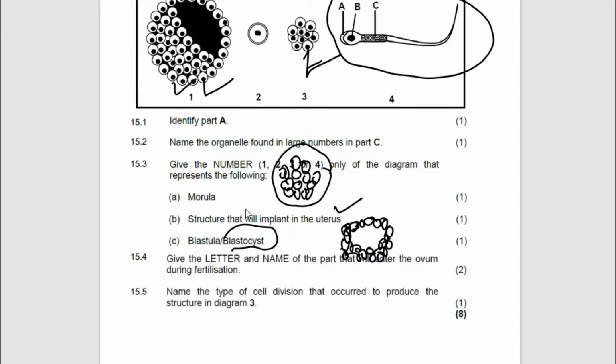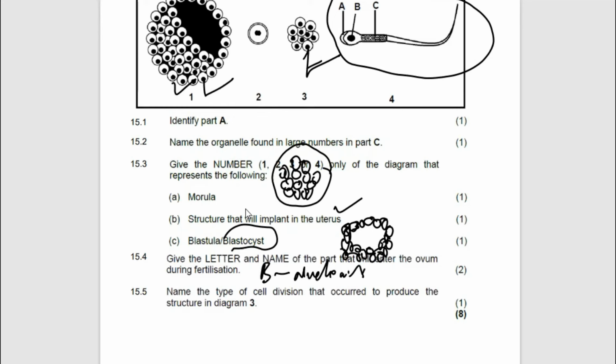Give the letter and the name of the part that will enter the ovum during fertilization. This is the second time they're asking the same question. So it is B, and it is the nucleus.